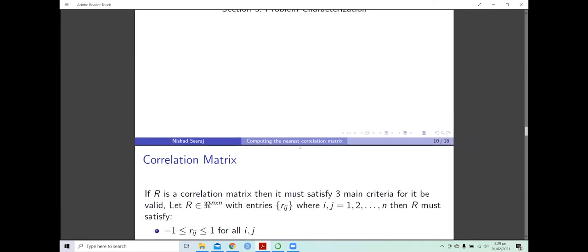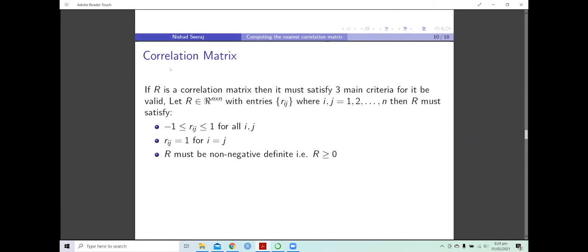So this is just to elaborate some correlation matrix definitions. A correlation matrix, all entries must be between -1 and 1. All diagonal entries must be 1 because obviously a variable correlates perfectly with itself. And it must be non-negative definite.